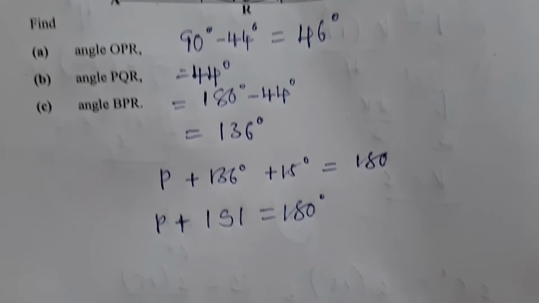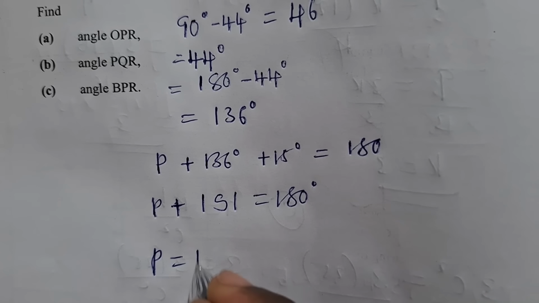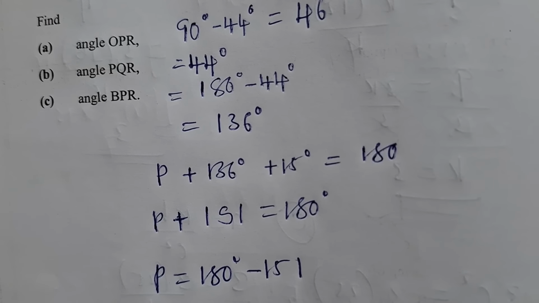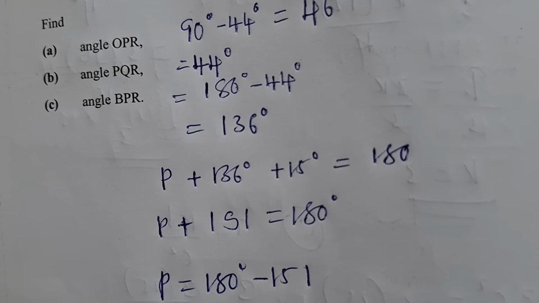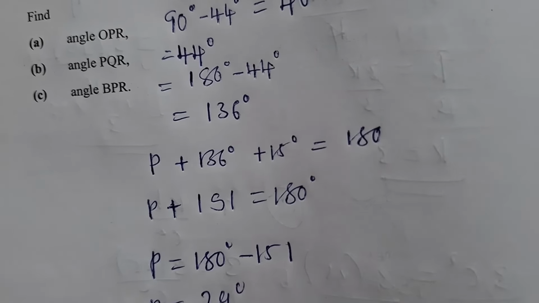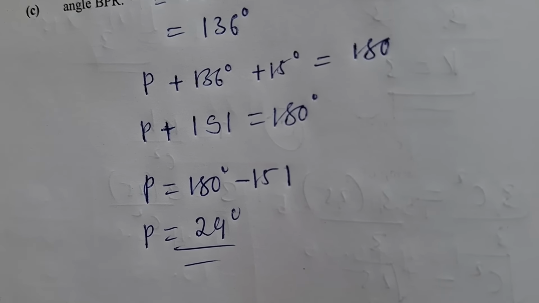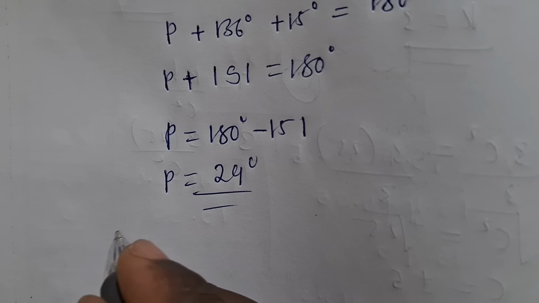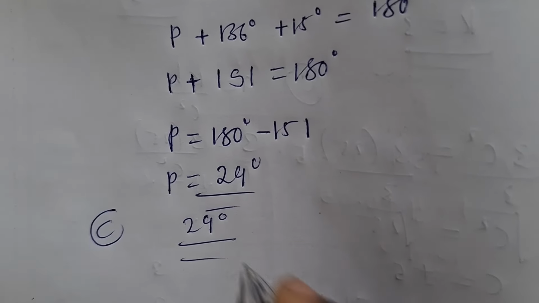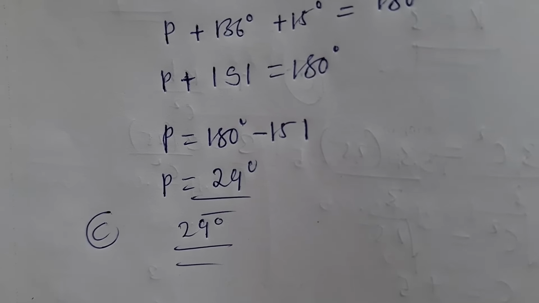We group the like terms. P is equal to 180 degrees minus 151, which gives us 29. So the value of P is equal to 29 degrees. The answer is 29 degrees. We go to the next question.